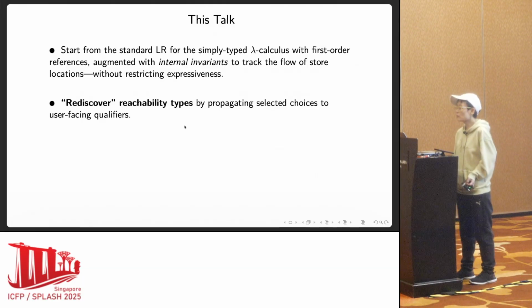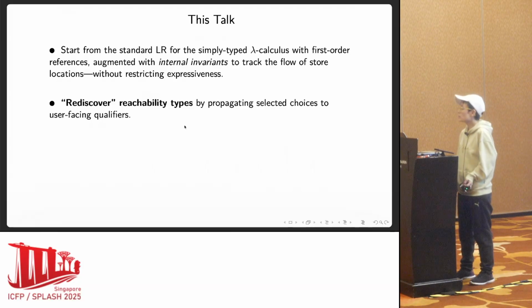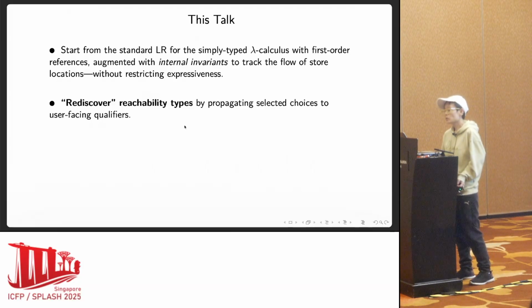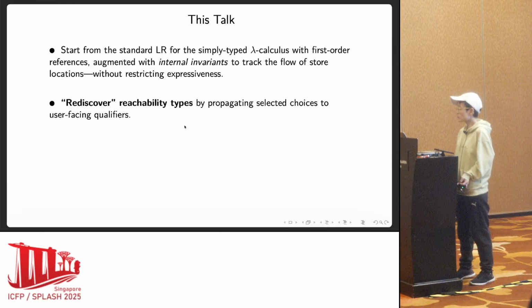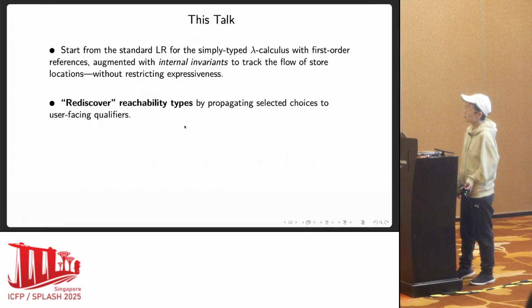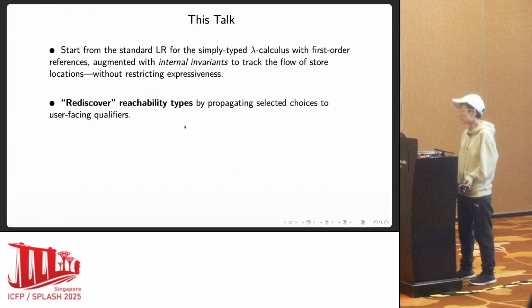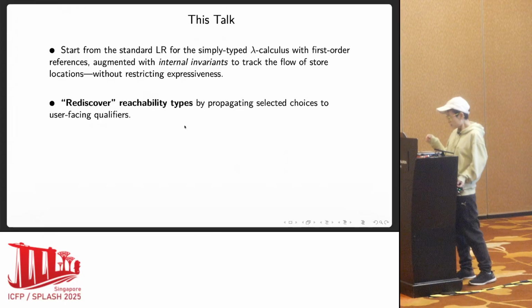In this talk, we start from the standard logical relation for the simply typed lambda calculus with first-order references. We augment it with internal invariants to track the flow of store locations without restricting expressiveness. Then we rediscover reachability types by propagating selected choices to user-facing qualifiers.